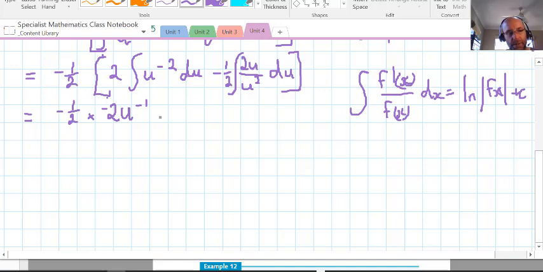And we've got minus negative, so we've got a plus, a quarter, and we've got log u squared. So we've got a quarter natural log of u squared. Let's tidy that up a bit. Alright, and plus c.